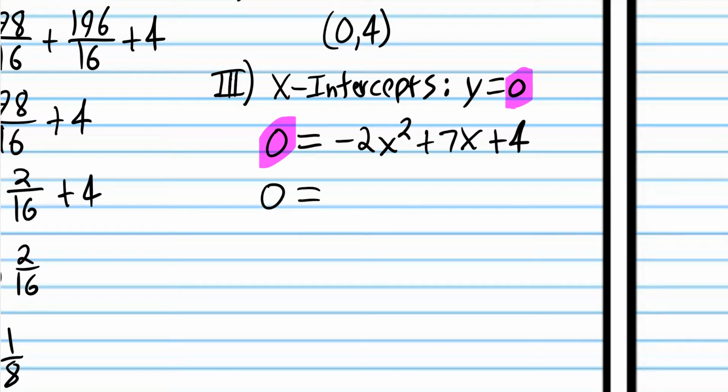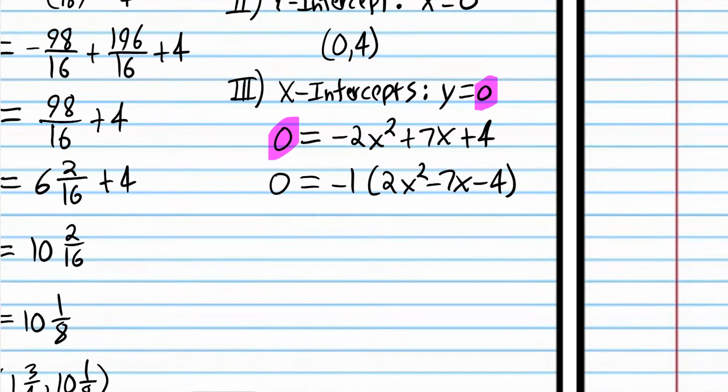And, first of all, when you have a negative on the x squared term, it's easier to factor that out. So I'm going to use the -1 rule, which we covered, I believe, in the previous class. And the reason that works is because if you go backwards, you can see that you just get to the original expression. So now we're just going to kind of ignore that -1, and we're going to factor the expression.